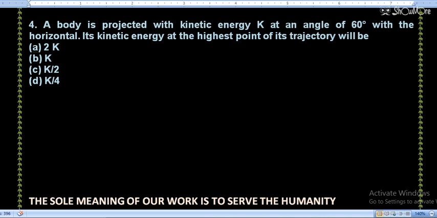So now students, if you have listened to me carefully, then you have seen that at the highest point of projectile, which component will be there?